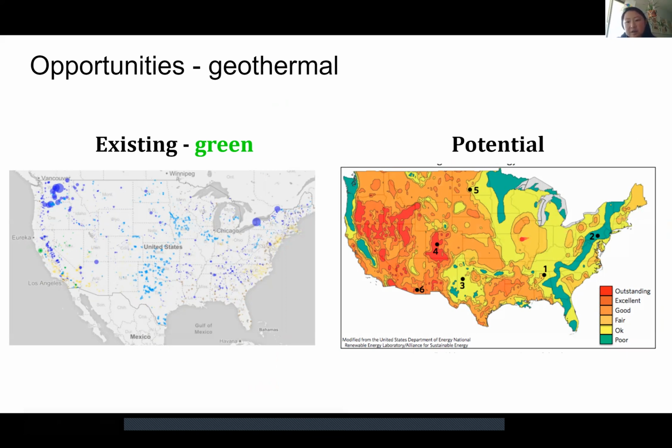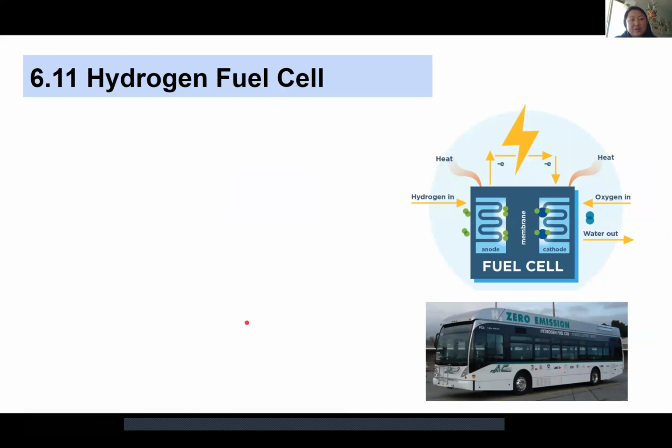And so of course, if you lived up here or over here on the East Coast, you couldn't really harness geothermal energy, that doesn't exist there. However, in all of these spaces where it's red, there is a lot that you can potentially harness, which is dope.